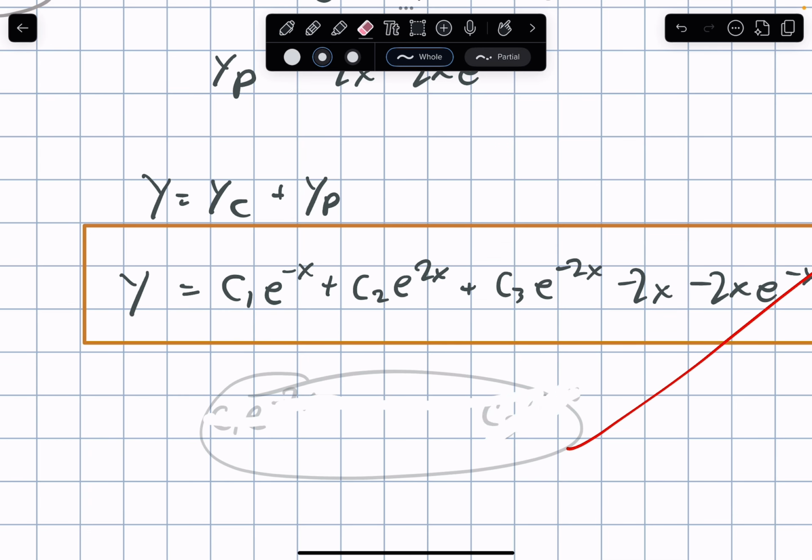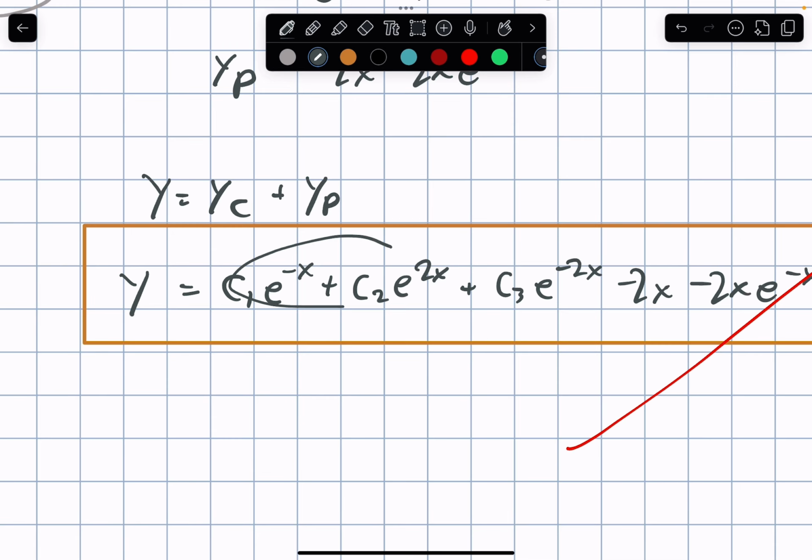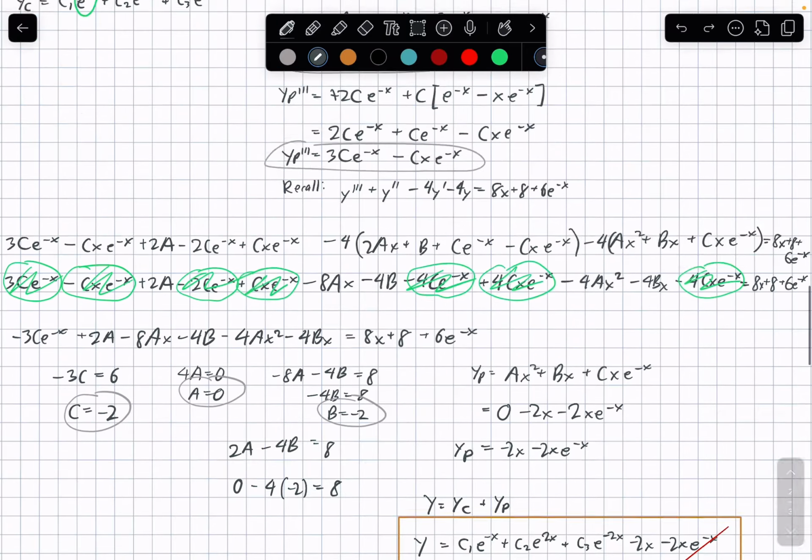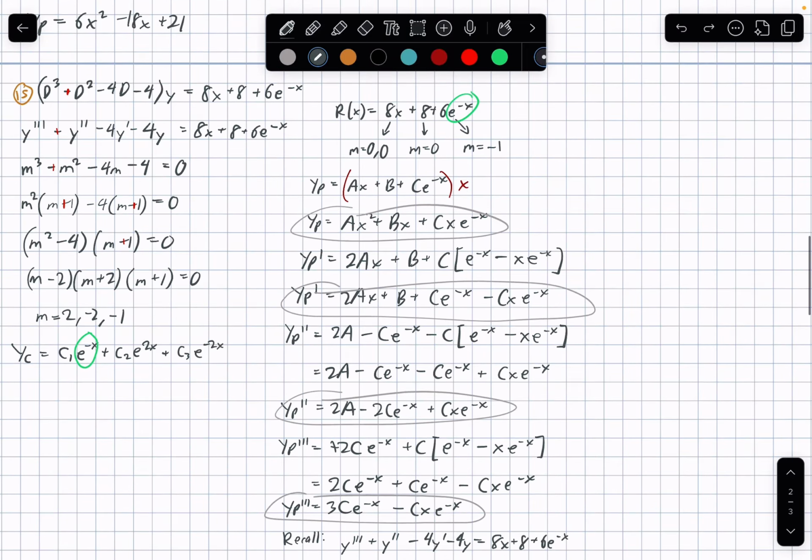So if the answer key shows a different layout, you know that your answer is correct by the fact that you have these and their corresponding constants. The notation doesn't matter. Okay? So that is arguably the hardest problem.